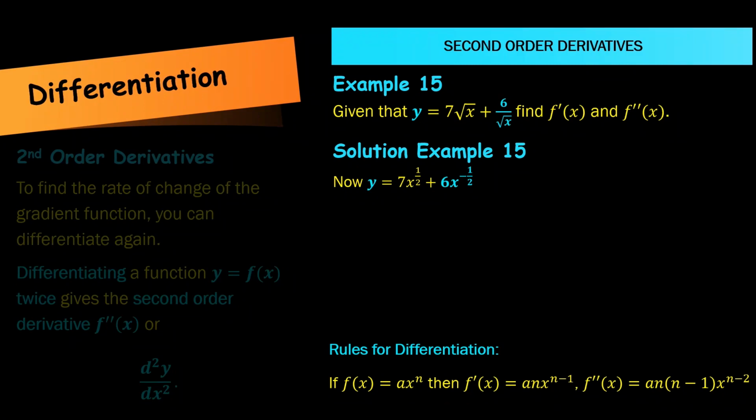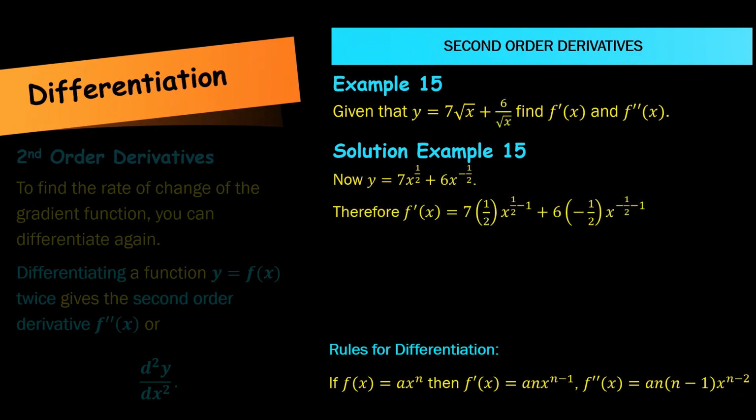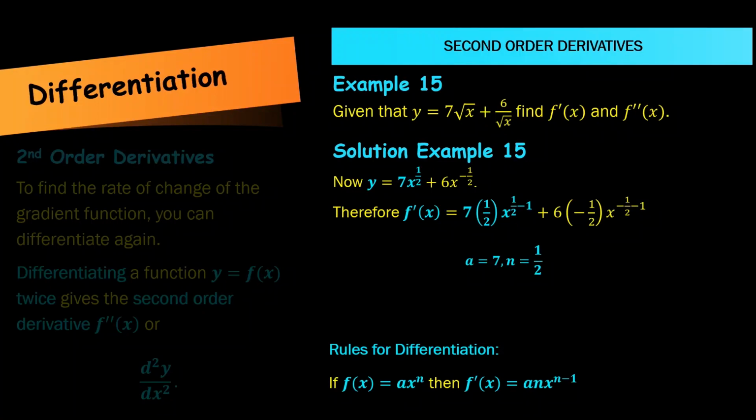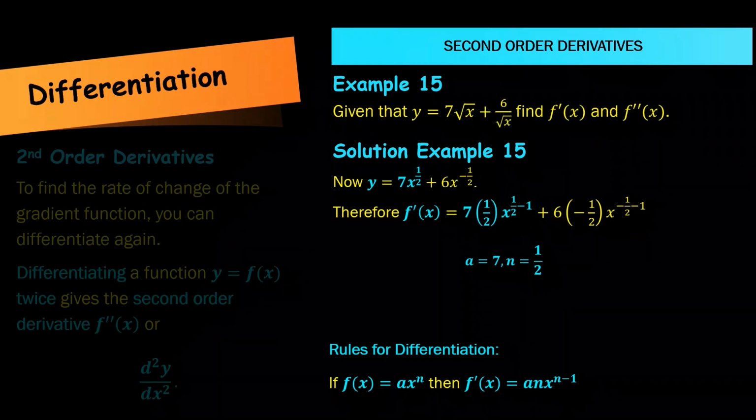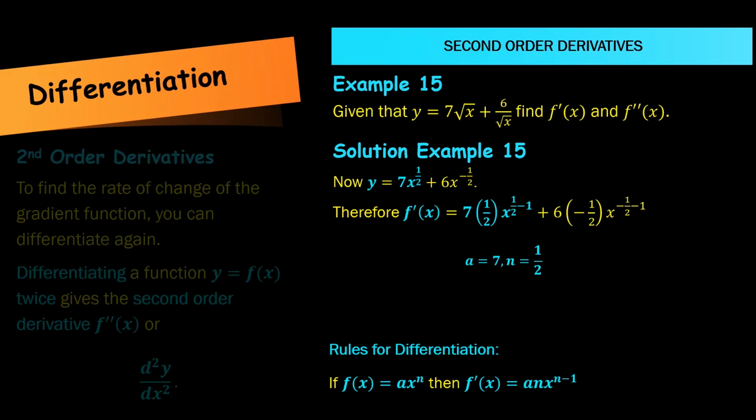And therefore, differentiating the first term, applying the highlighted formula, gives us 7 times 1/2 times x^(1/2 - 1). And for the second term, we obtain 6 times -1/2 times x^(-1/2 - 1).